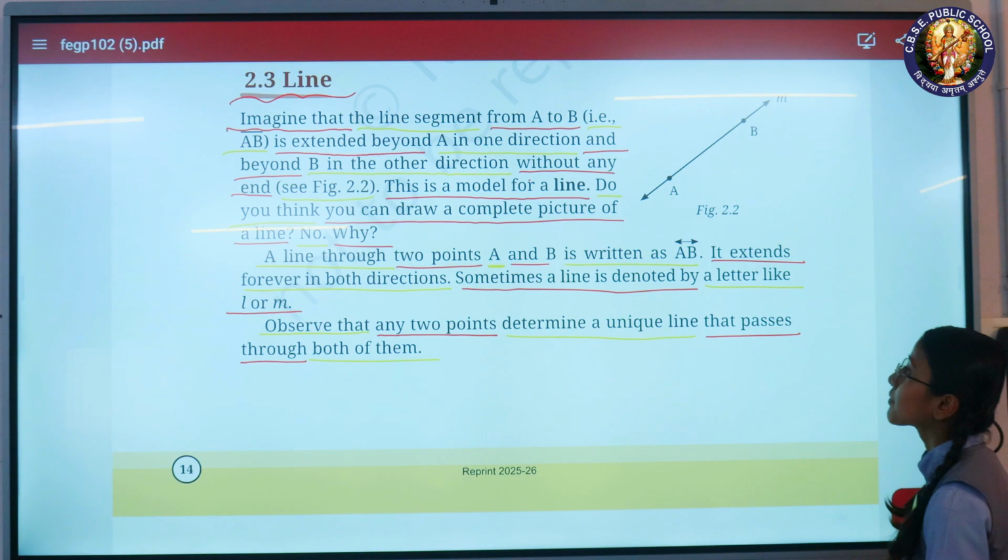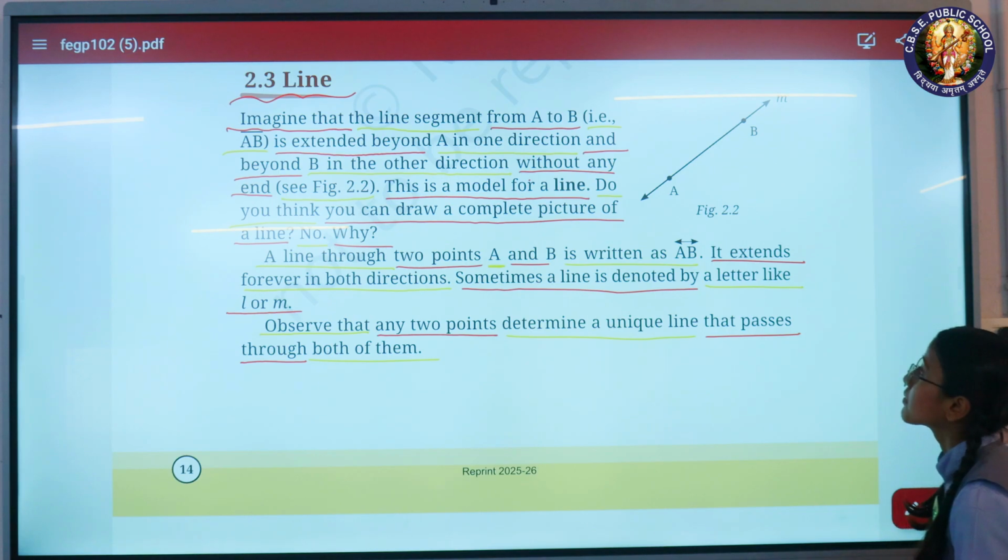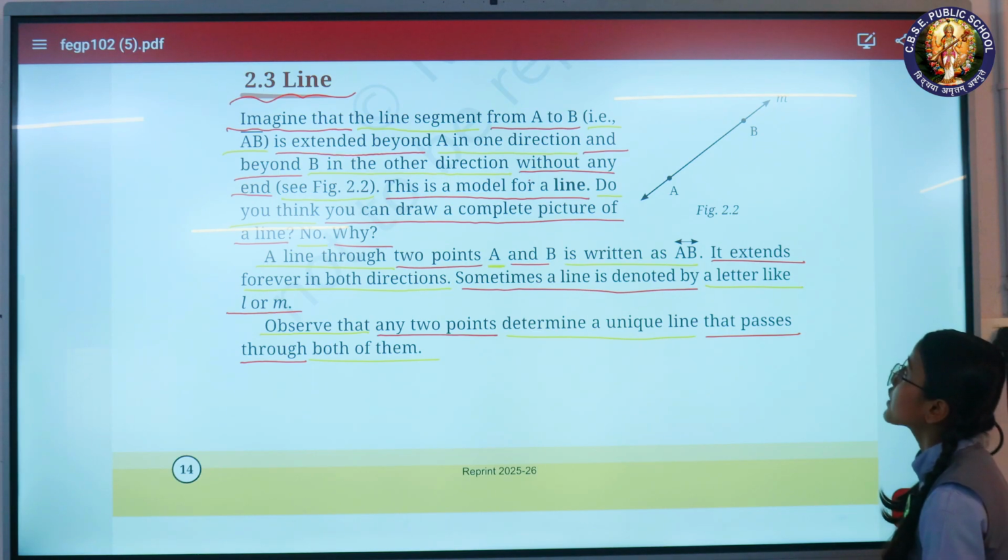2.3 Line. Imagine that the line segment from A to B, that is AB, is extended beyond A in one direction and beyond B in the other direction without any end. See figure 2.2.